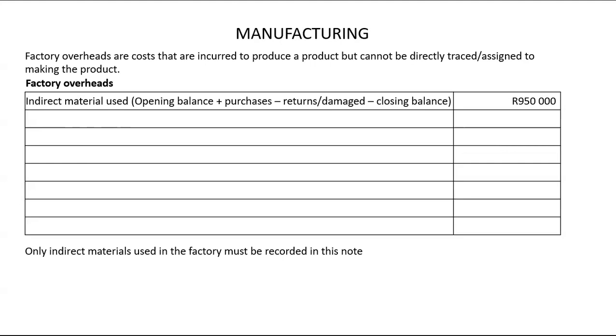Then we're going to have indirect labor. This will be your factory supervisors, factory security, admin officer at the factory, cleaning lady or guy at the factory, garden lady or garden guy at the factory, the receptionist at the factory, like the receptionist at Nestle who works at the factory.